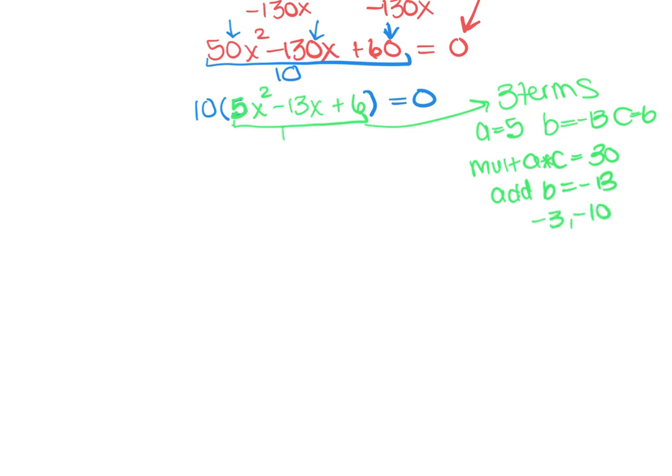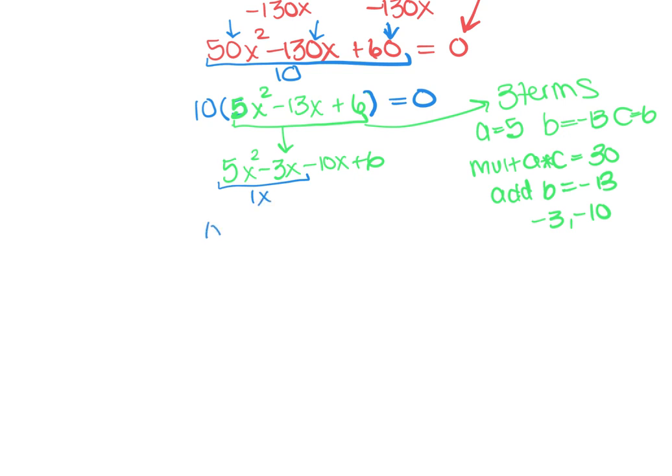So I'm going to come over here to my part underlined in green, and I'm going to factor that. So I have 5x squared minus 3 times x minus 10 times x plus 6. So I'm going to find the greatest common factor here, which between 5 and 3 is just 1. So we're going to factor out a 1x there. And then we have 1x in common, so that's where the x part of that comes from.